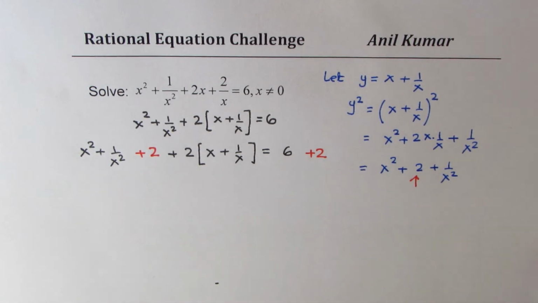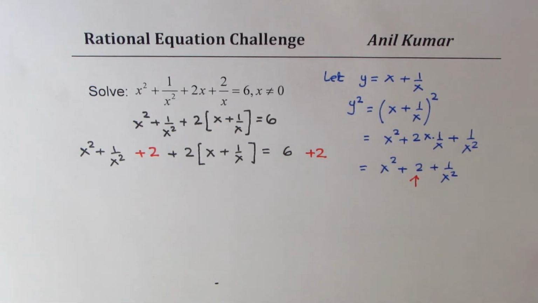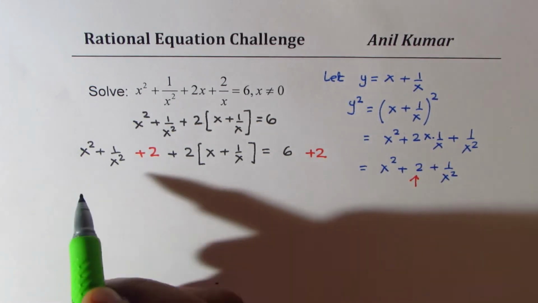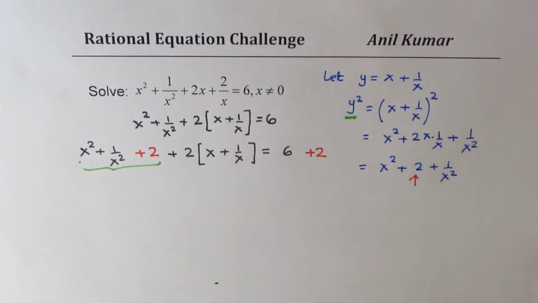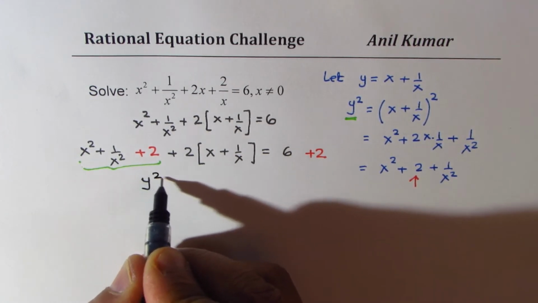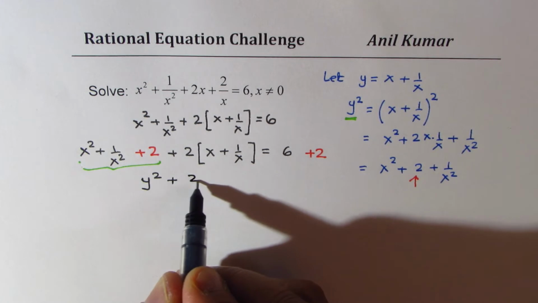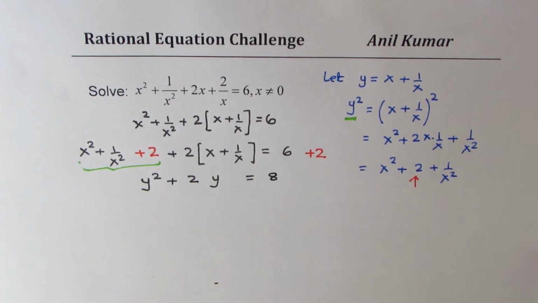Now that helps to make a substitution, that we can write these 3 terms as y squared, correct? So the equation becomes y squared plus 2 times y equals 6 plus 2 as 8.